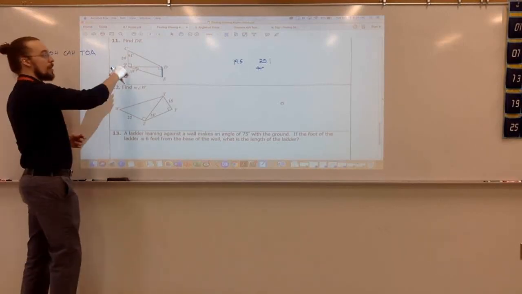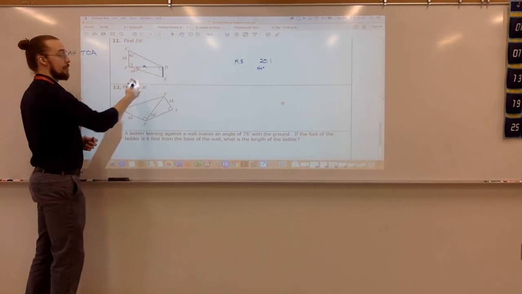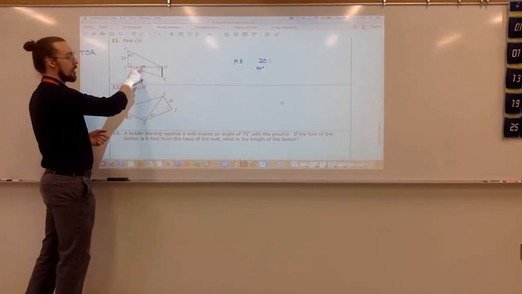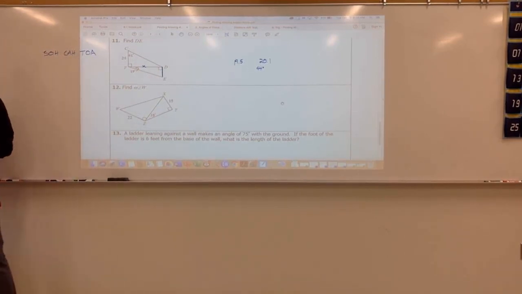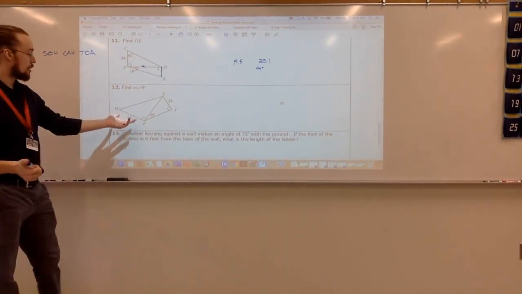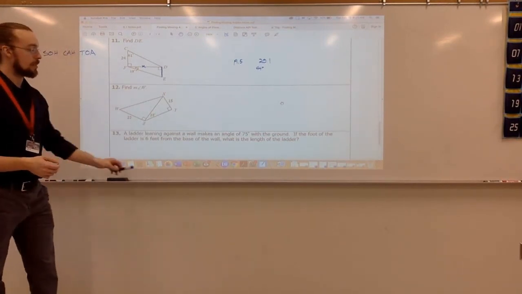Well, to do that, I'm first going to have to use this triangle here and find their shared side, and then use the shared side to set up another trig function in this one down here. So it's just setting up two trig functions. Same thing here. We would need to find the shared side first, and then use that again.